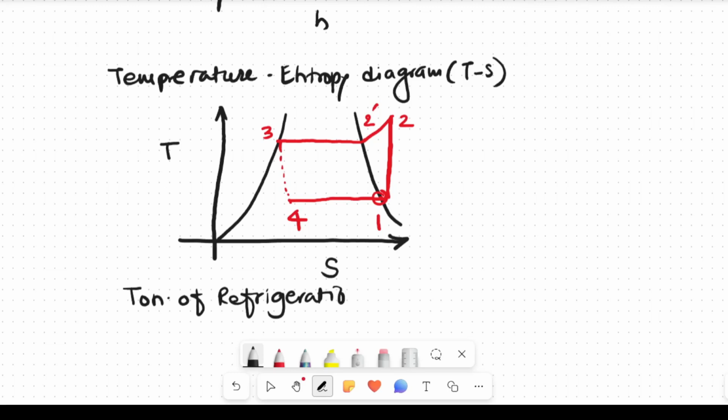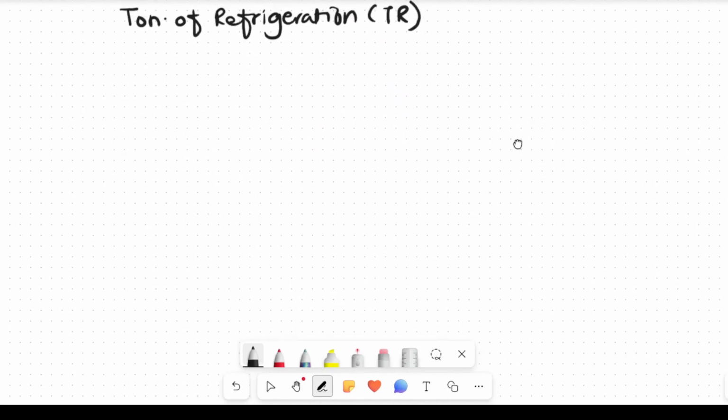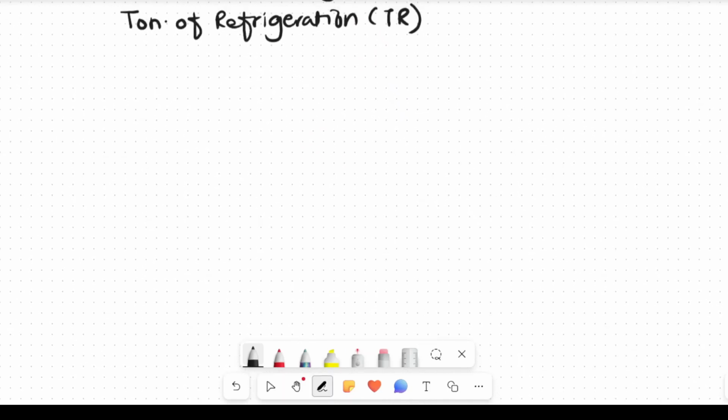Now this term, ton of refrigeration, is denoted by TR. Now, friends, understand that the purpose of the refrigeration system is to remove the heat from the refrigerator or the working environment. Now, what is the ton of refrigeration?